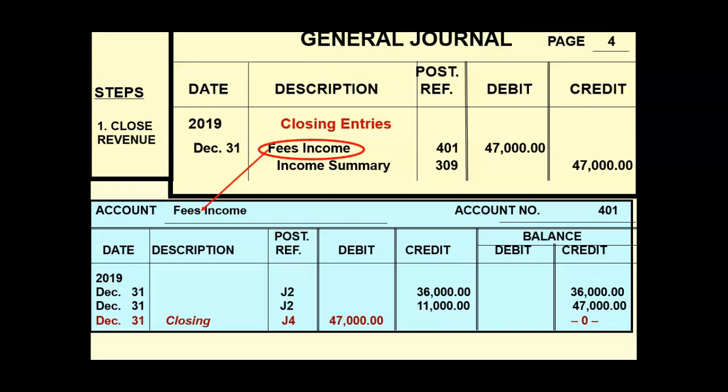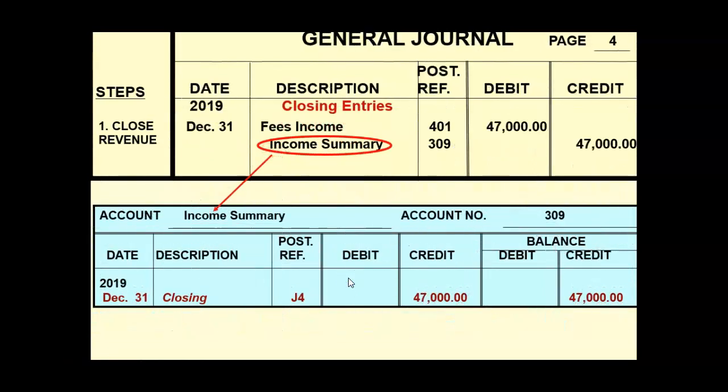If an account is temporary, it will show a zero balance in the ledger account after you posted the closing entry. Now that the amount has been posted, go back to your journal and write the account number 401 in the journal post reference column. That's indicating that this transaction has now been posted into your fees income ledger account.